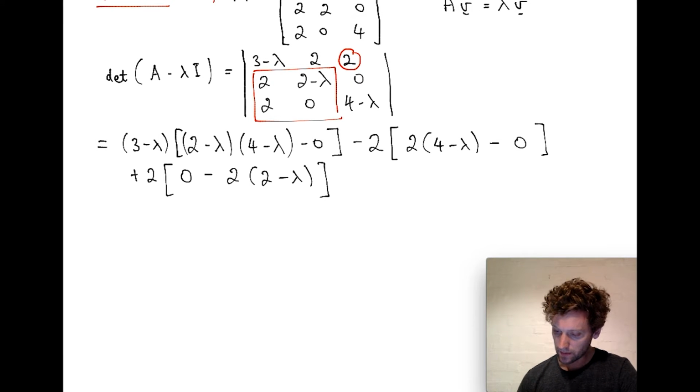Now if I just multiply that all out, I'm going to end up with a cubic, which is going to be a pain. On the other hand, if I take a careful look at this, I might spot something useful. So let's dig into this a little bit more.